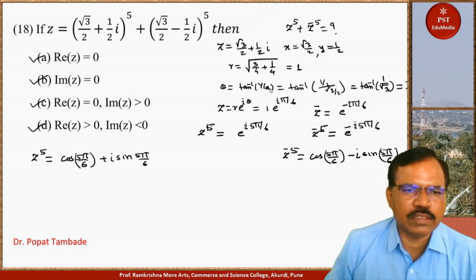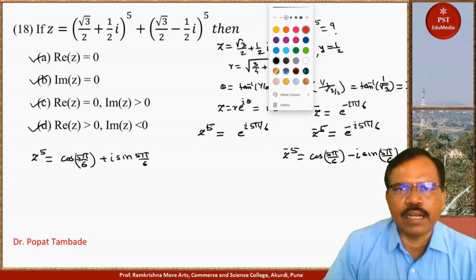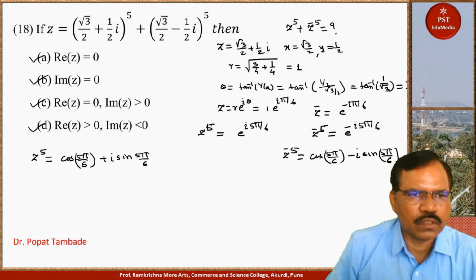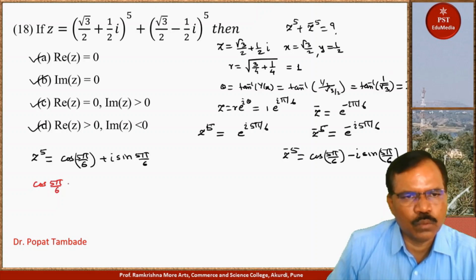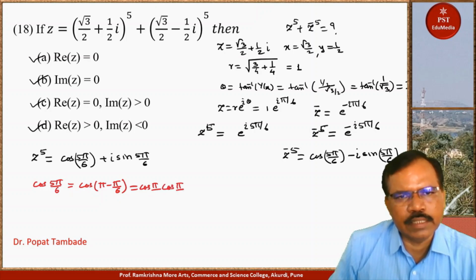Now first we will find what is cos 5 pi by 6. We can write here cos of pi minus pi by 6. So this is equal to cos pi into cos pi by 6 plus sin pi into sin pi by 6.